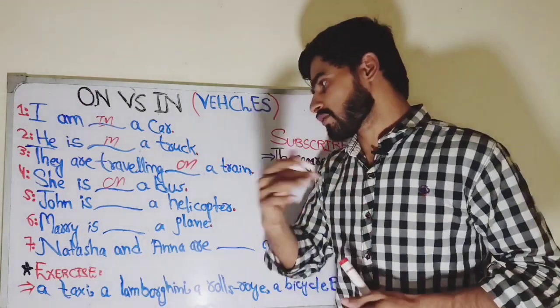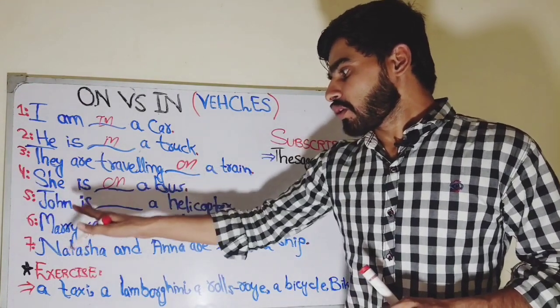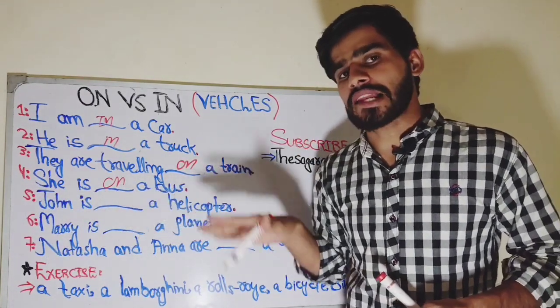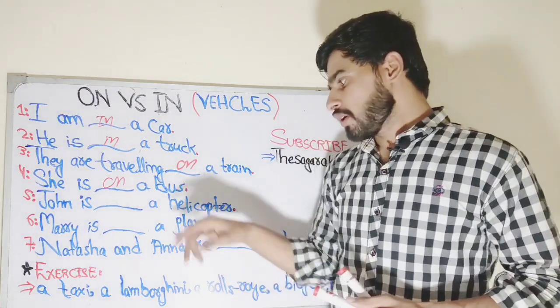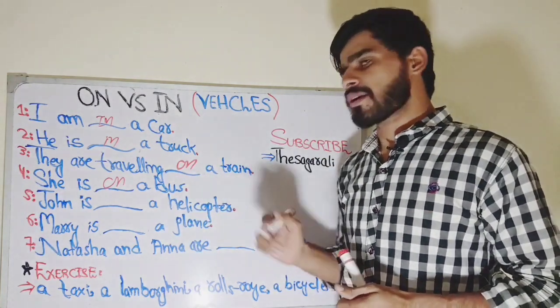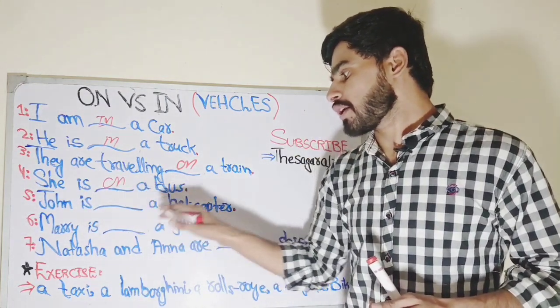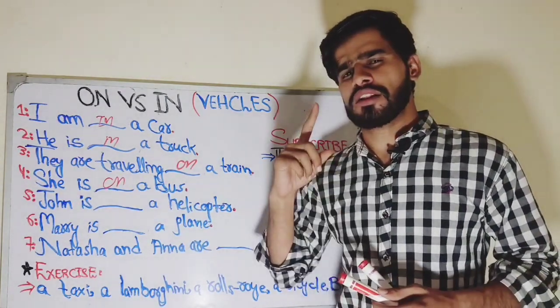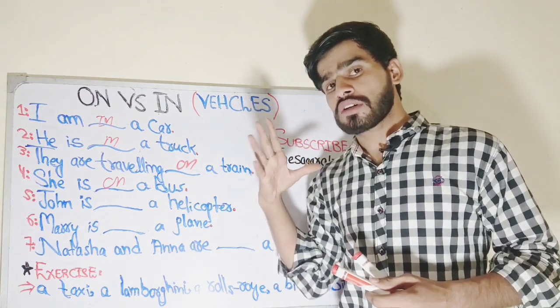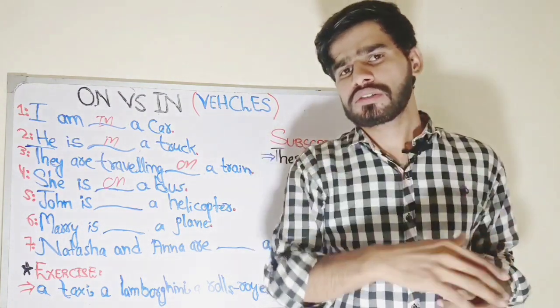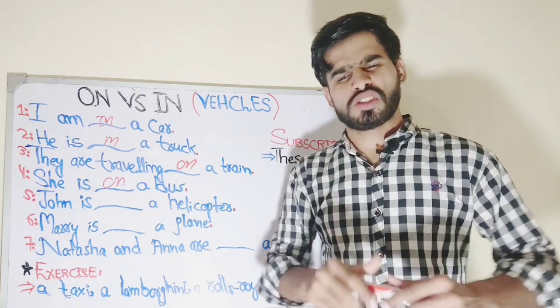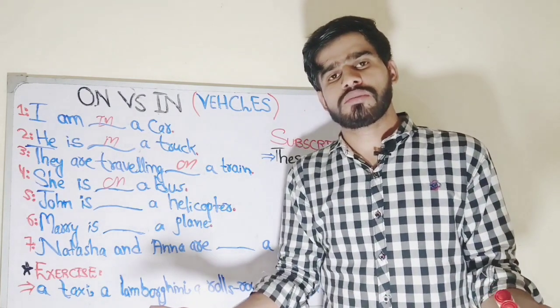Okay, next one. John is dash a helicopter. In American English, a helicopter is known as a chopper. John is dash a chopper. Go for the concept. Can you walk in a helicopter? No, you just crouch and sit on the chair.